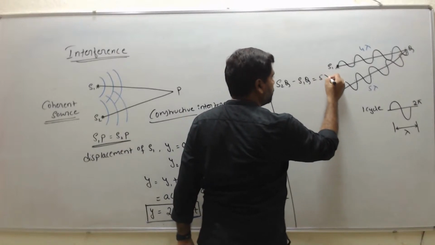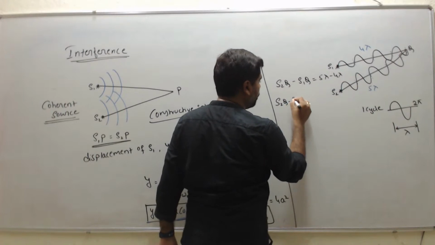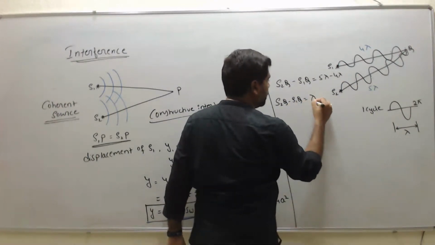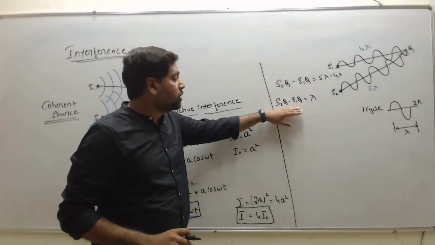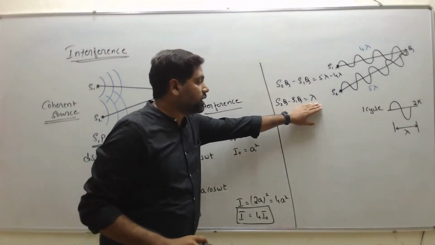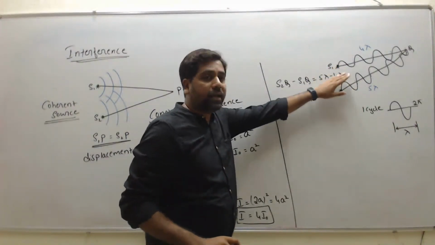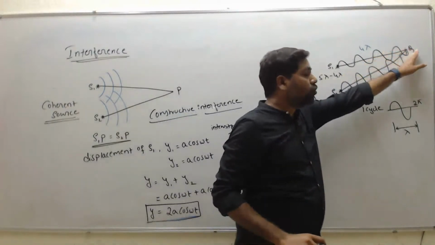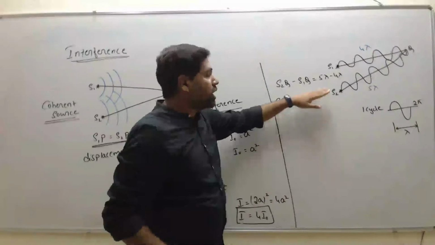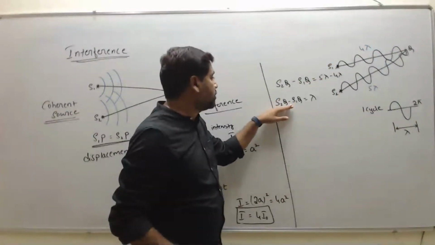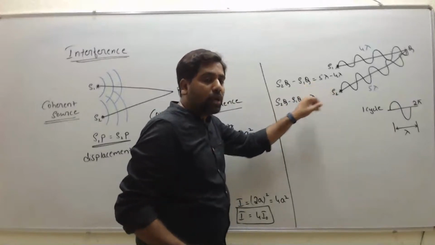That is the difference in the path length, so the path difference is lambda. The waves emanating from S1 and S2 reach the point Q in phase. Hence S2Q minus S1Q equals lambda, right?